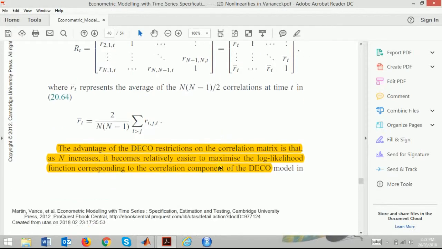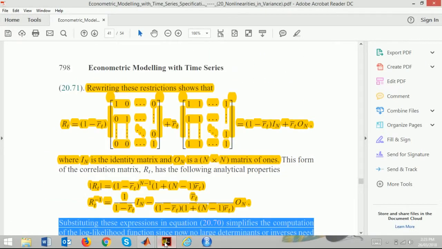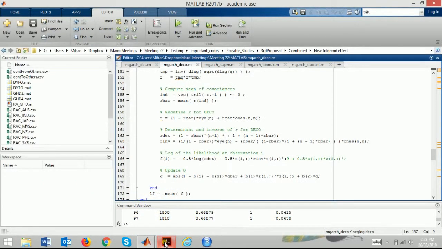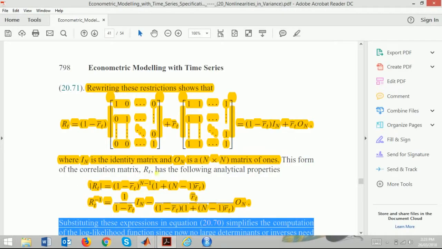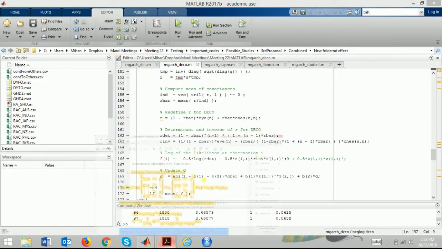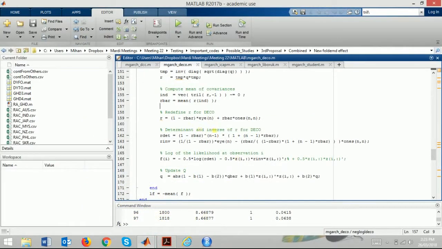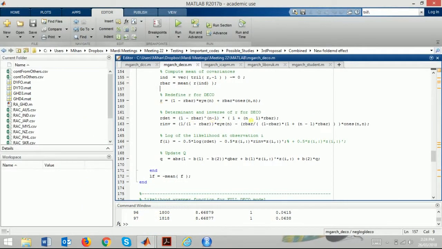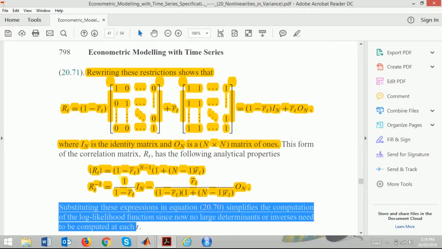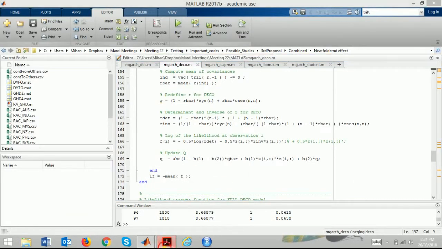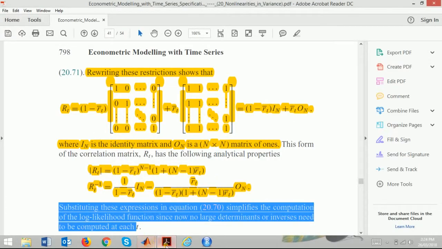Take the lower triangular. 1 minus R bar times the identity, plus R bar times ones. Good, this is the equation. The determinant and inverse of R for DECO: 1 minus R bar to the n minus 1. This is the equation. It is the exact same equation for the R determinant and R inverse.